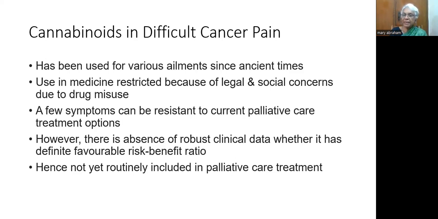There is no robust clinical data, but anecdotal reports are there, and it is not yet routinely included in palliative care treatment. But based on anecdotal evidence, there is a place for this in certain situations. Next, please.